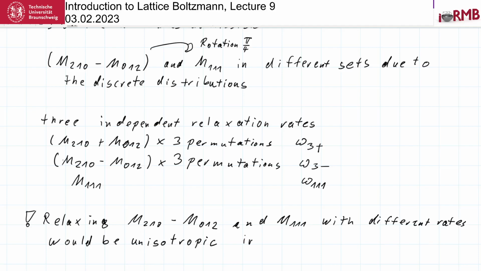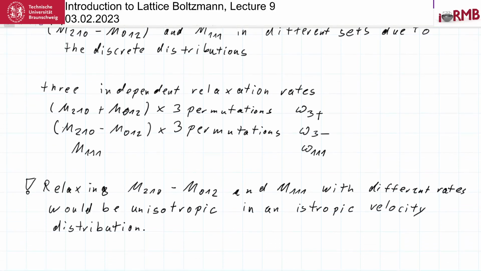And now comes the caveat. In an isotropic velocity distribution, so the thing that we discovered, and only after working on this for a longer time, is that the lattice is anisotropic.